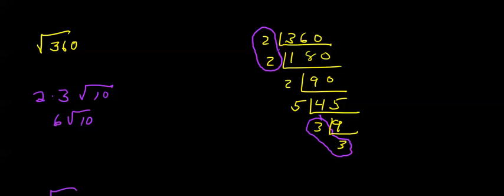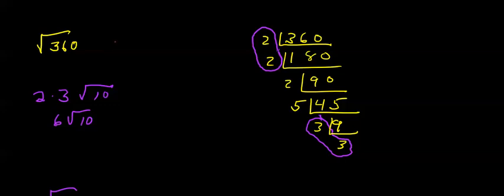Actually, before we look at our last example, I want to look at the square root of 360 one more time. There's another way to do it that's much simpler, if you're really good with mental math. We always want the largest perfect square, all right?